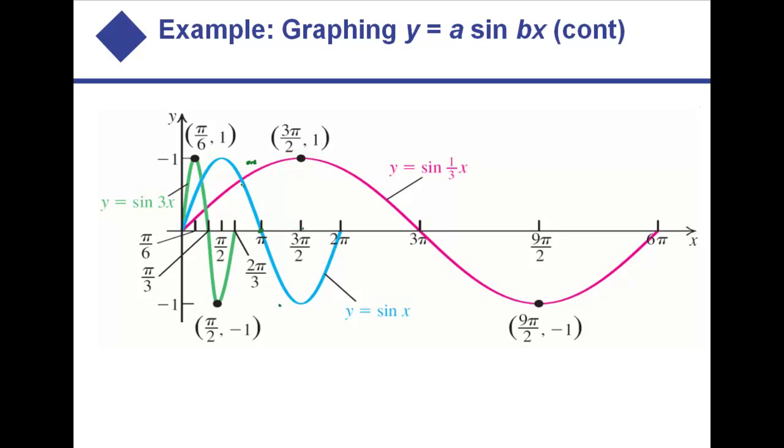It's going to repeat more quickly. By the time it gets to here, 2 pi, you will have had 3 of these instead of 1, because it's now going 3 times as fast. Just like the red one, when you get to 2 pi, you've only got 1/3 of it, and then another third, and then finally it finishes off at 6 pi.